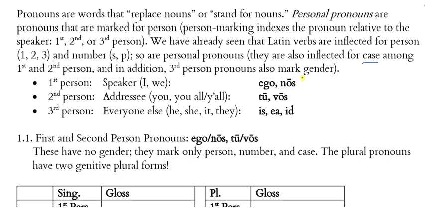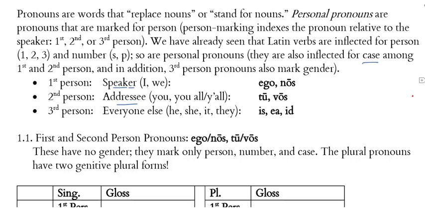If it's second person, then that orients the attention to the addressee. Okay, so the speaker is the I and the addressee is the you. In English, our second person pronouns are you, or you, understood plural, or you all, you guys, y'all, and so forth. And in Latin, it's tu and vos.